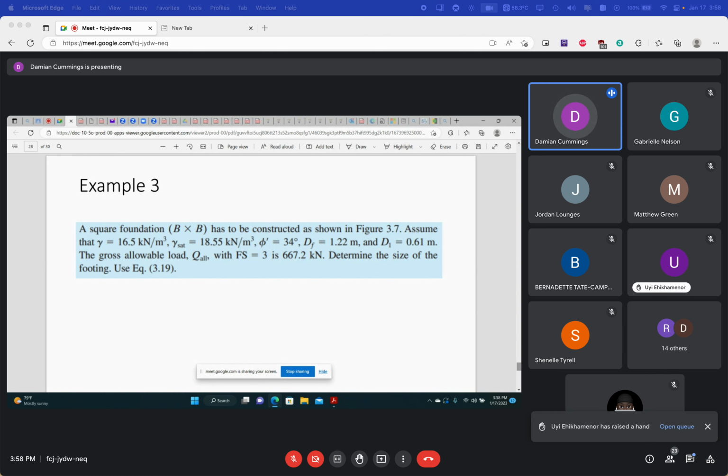So if I got 200 kilonewtons acting on the column, right? Then I use a factor of safety of 3. Then I want to design a foundation that's going to actually carry 600. That's what I'm saying.